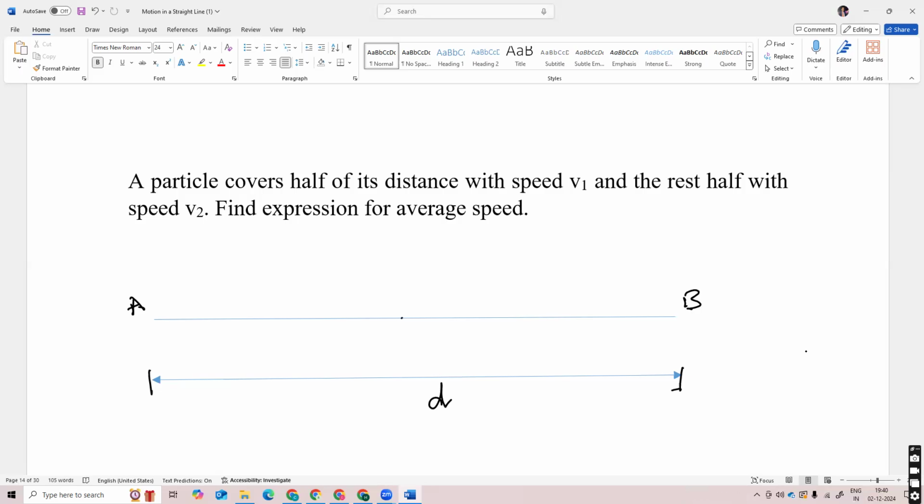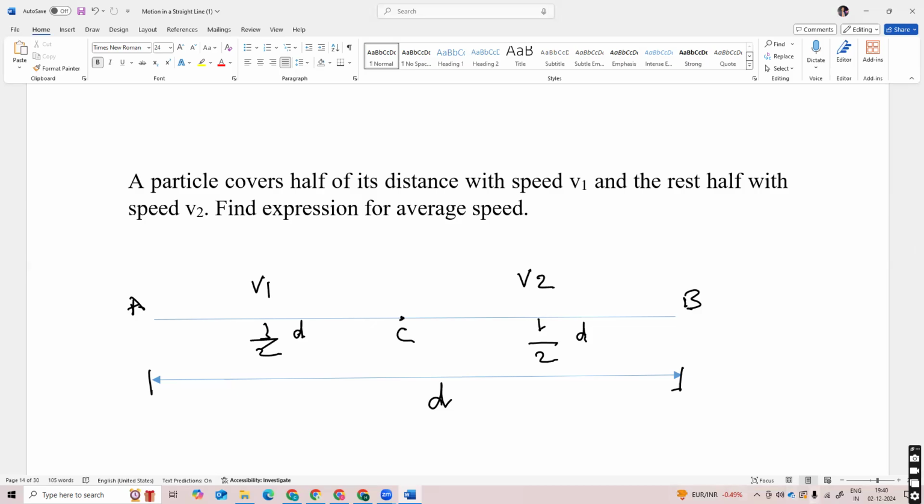Let's say point C is at half distance, so the distance from A to C is 1 by 2 of D. Similarly, the distance between C and B is 1 upon 2 times D. The speed in the first half was v1, and the speed in the second half was v2. Find the expression for average speed.